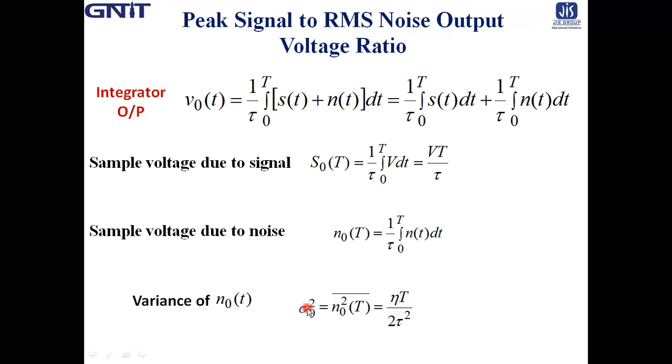The variance of n0(t) is, say, sigma 0 square, which is the mean square term of n0(t), that is n0 square(t) bar, which is eta T by 2 tau square, where eta is the noise power.